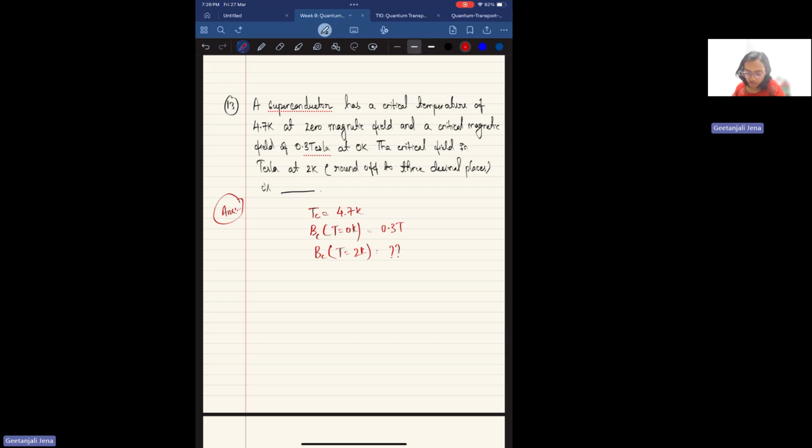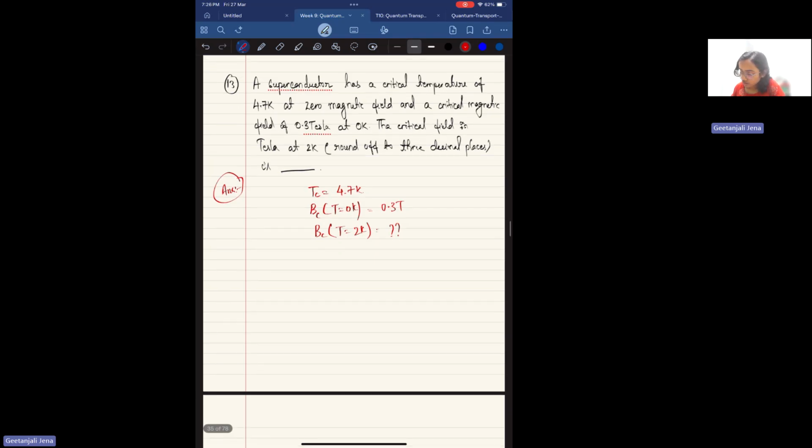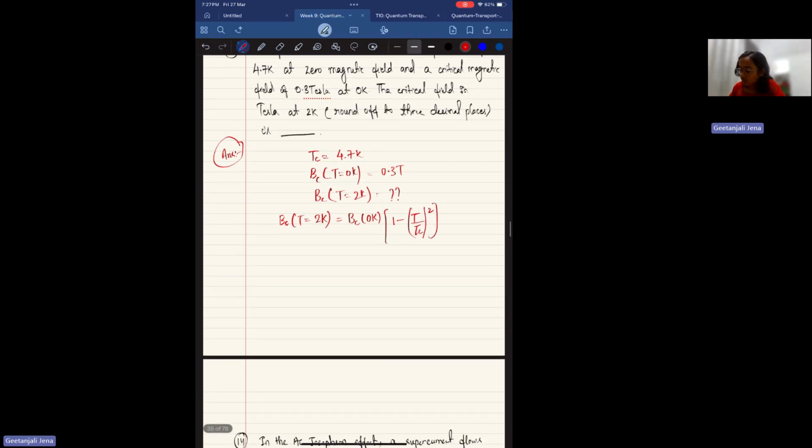Okay, so let me just solve it. If you recall, there is a relation that you can use to calculate the critical magnetic field for a given temperature, 2 Kelvin. The critical magnetic field at temperature T is the critical magnetic field at 0 Kelvin times (1 minus (T by Tc) whole squared).